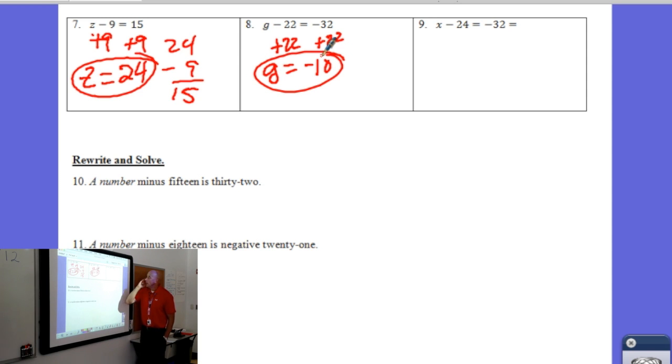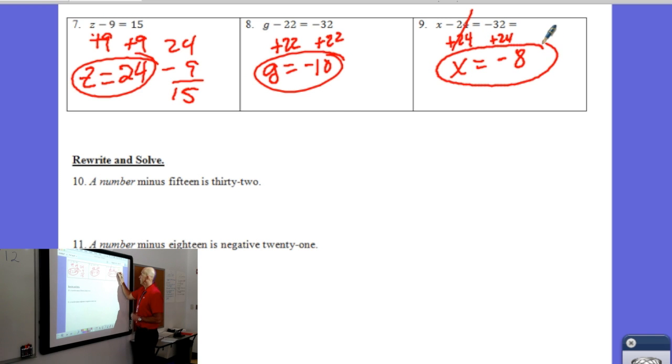All right? Last one. Add 24, is that correct? Yes. We need to move that. So we're going to add 24. That cancels. X is equal to negative 8. Any questions on what we just did?